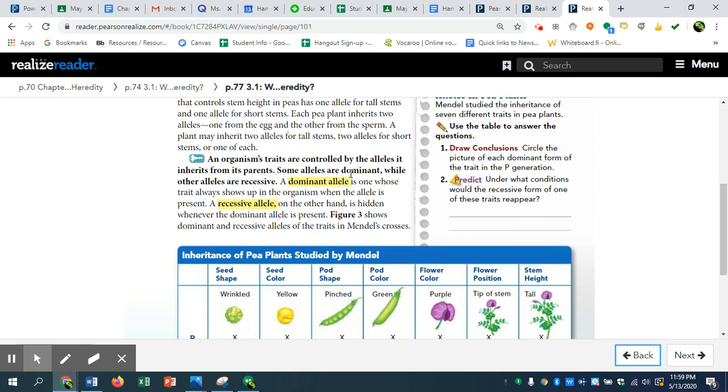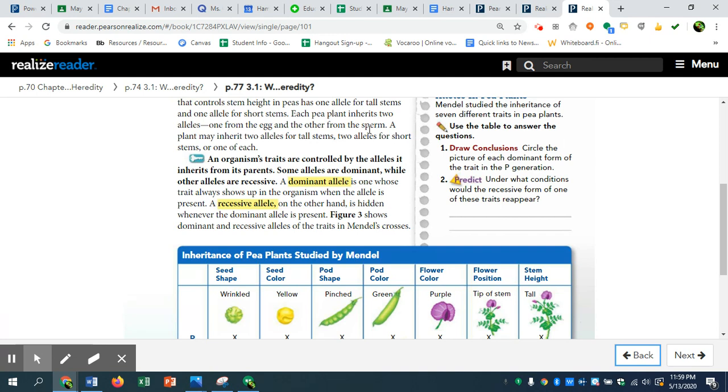Each pea plant inherits 2 alleles, one from the egg and the other from the sperm. So we get a mixture of both of our parents. And that's why we all look so different, because it's just that combination of alleles that we get from our parents, and there's countless numbers of combinations that could happen.